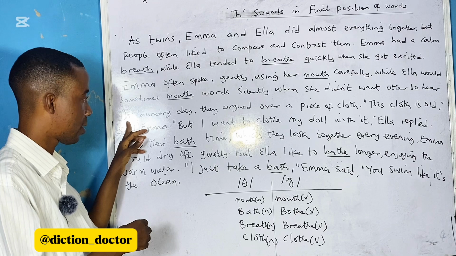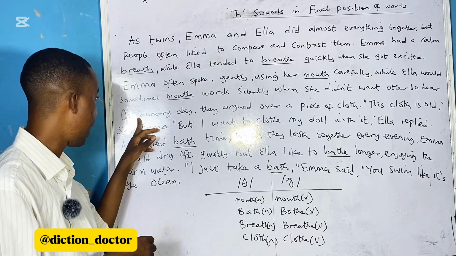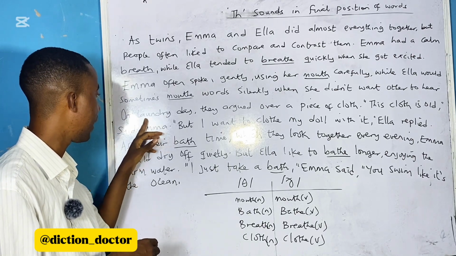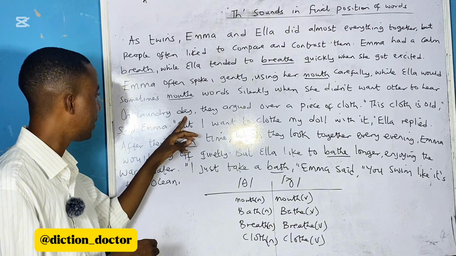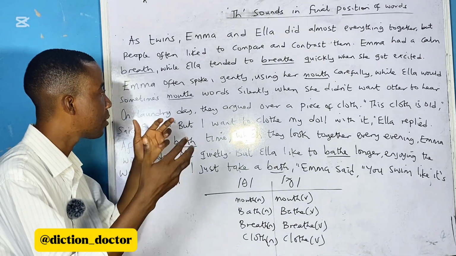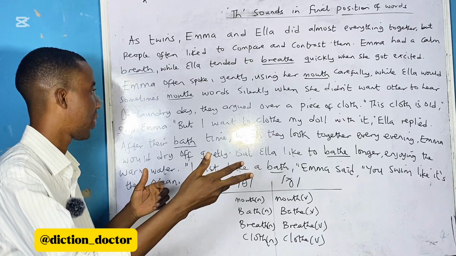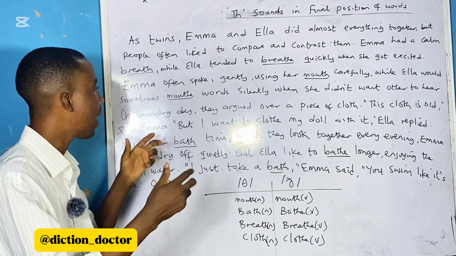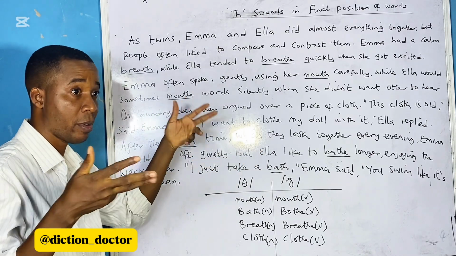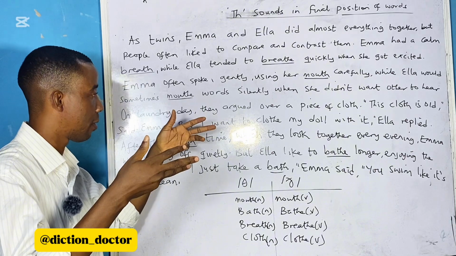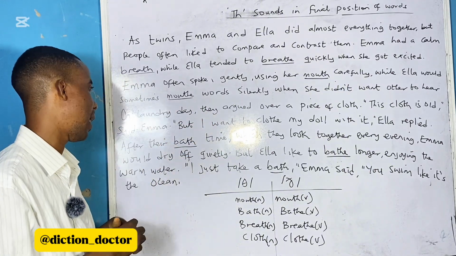This is laundry because you didn't see it. Laundry. On laundry day, they argue over a piece of cloth. This cloth is old cloth, said Emma, but I want to clothe. I want to wear it. I want to clothe my doll with it. Eller replied.